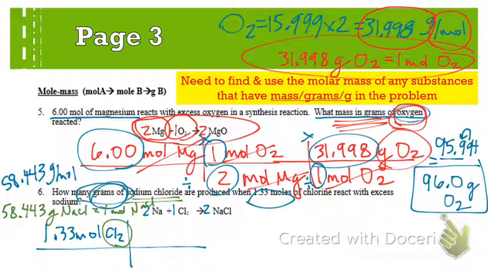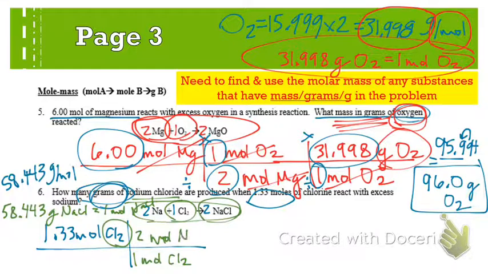If I can't use my molar mass yet, I'm going to have to use my mole ratio. So if this is chlorine on top, I'm going to put this 1 mole of chlorine on bottom. I'm trying to get to NaCl, so I'm going to put 2 moles NaCl on top.